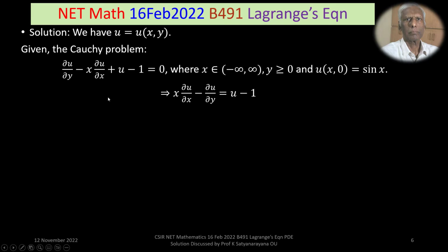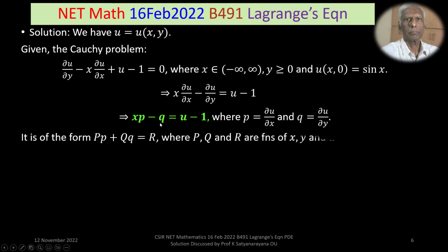Now this will be written as x del u by del x minus del u by del y is equal to u minus 1. Now we write it as x p minus q is equal to u minus 1, where p is equal to del u by del x and q is equal to del u by del y.